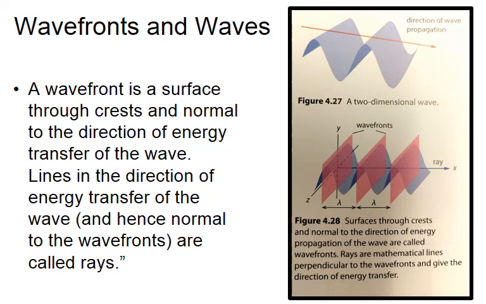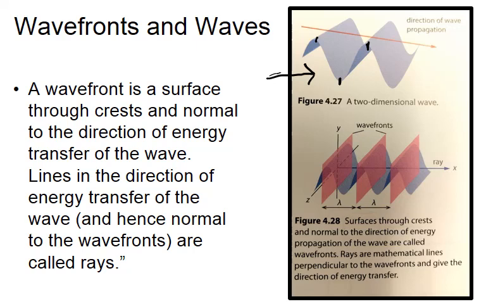If you're looking at a two-dimensional wave, if you look at the picture in the top here, and the wave is going from left to right in this case, right? The crests are right here, the troughs are right here, and the wavefronts are perpendicular to the motion of the wave in this case, right?